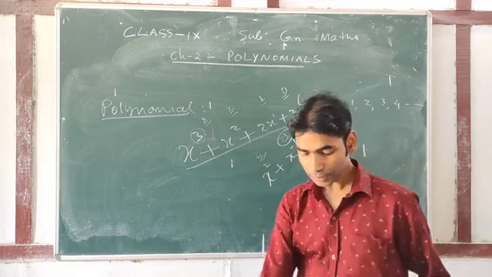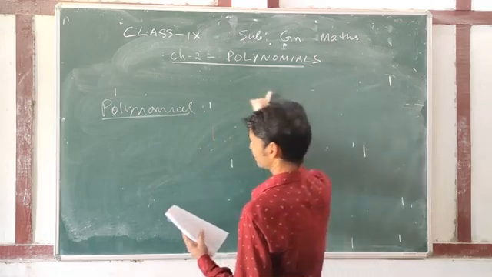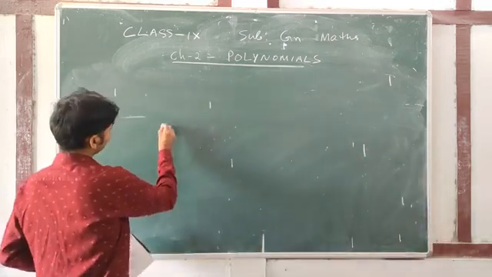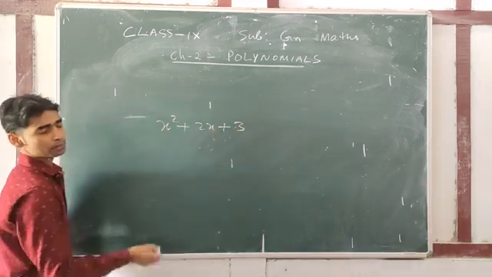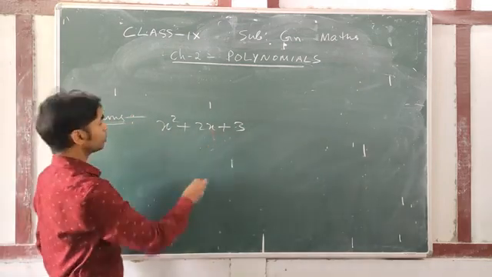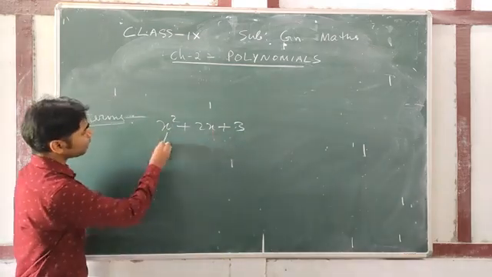Then we come to the topic of terms. Suppose x squared plus twice x plus 3 is a polynomial. Each part is called a term.